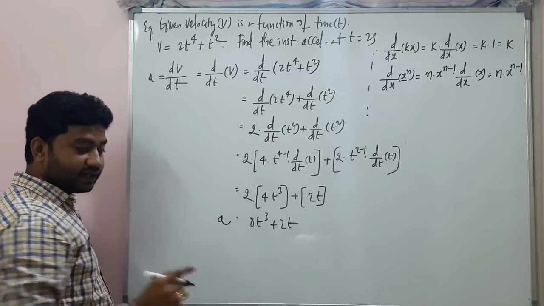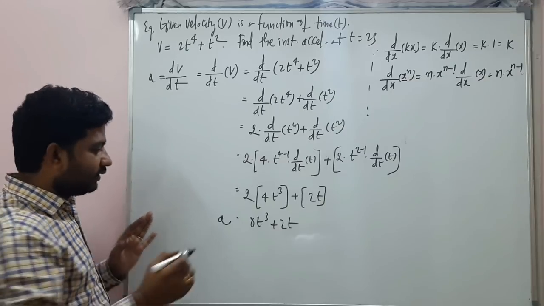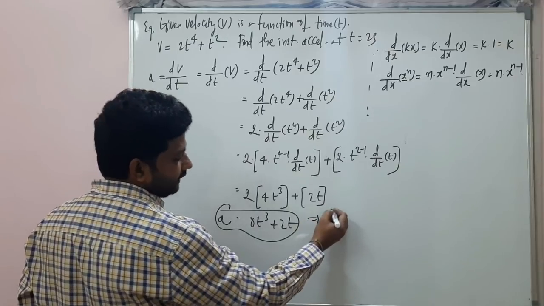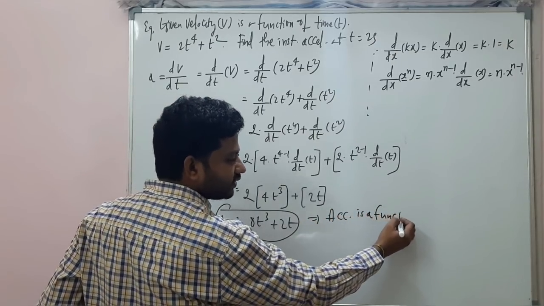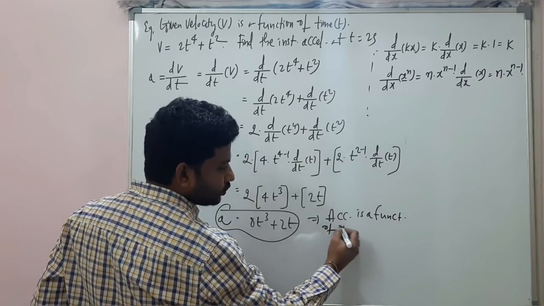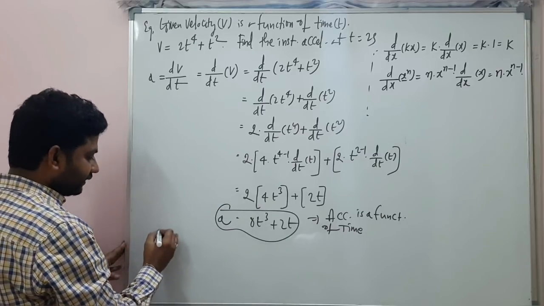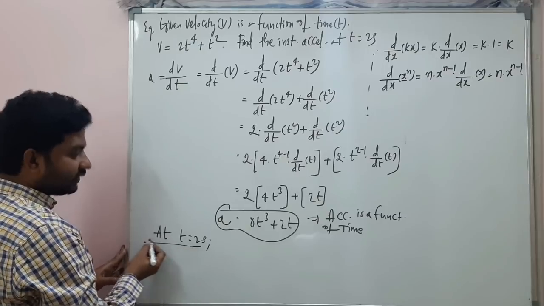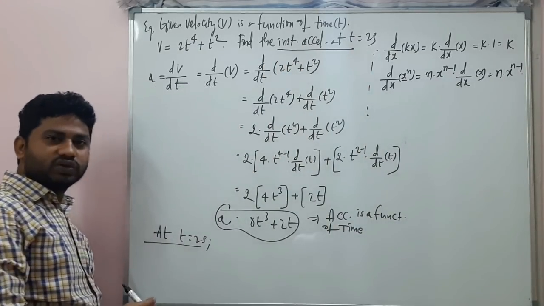So what is this? This is acceleration. Now the acceleration is a function of time. Understand? So the given acceleration is a function of time. So instantaneous acceleration you can find at a particular second, at t is equal to 2 seconds according to the given question. See here, find the instantaneous acceleration at t is equal to 2 seconds.